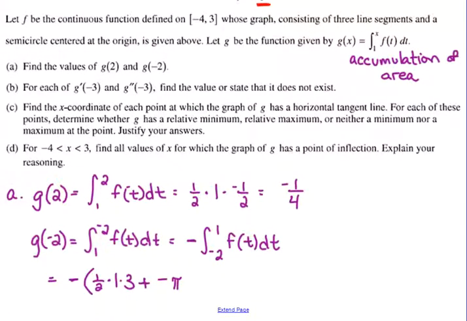Pi, well, 1/2, right? Because it's half the circle. 1/2 pi r squared. What's the radius of the circle here? It is 1. So we've got 3/2 minus pi over 2. So we can combine those since they're both over 2, 3 minus pi. And because of that negative, that would be pi minus 3 over 2.